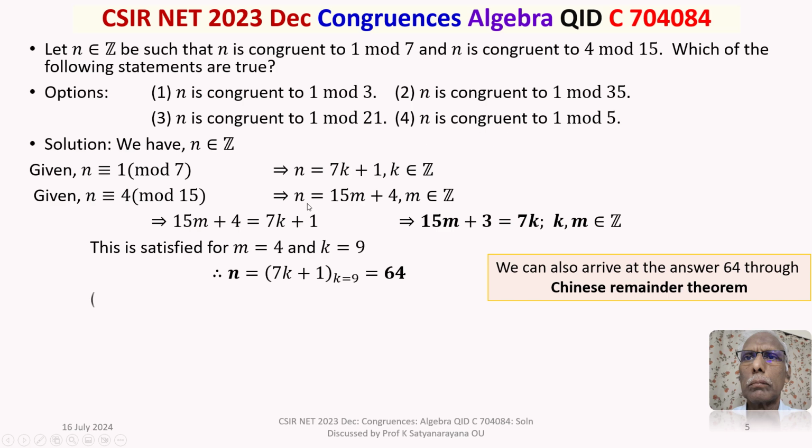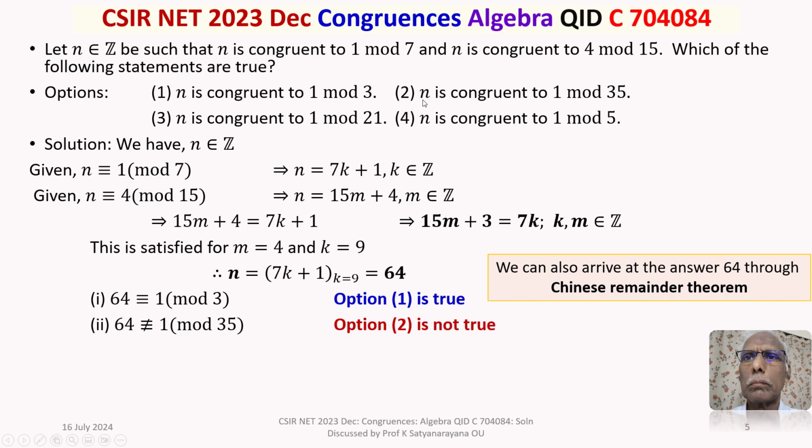So we take first, 64 is congruent to 1 mod 3 because 3 divides 64 minus 1, that is, 3 divides 63. Therefore option 1 is true. In option 2, is 64 congruent to 1 mod 35? 35 divides 64 minus 1, that is 63, but it does not.